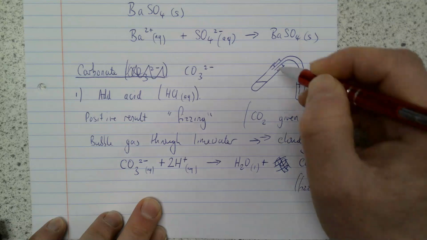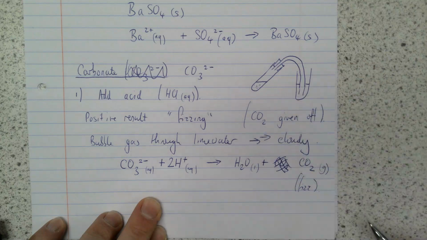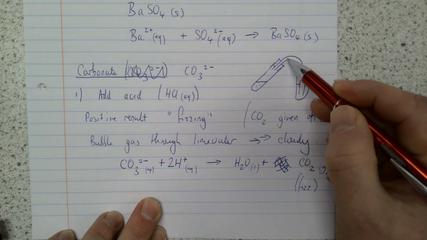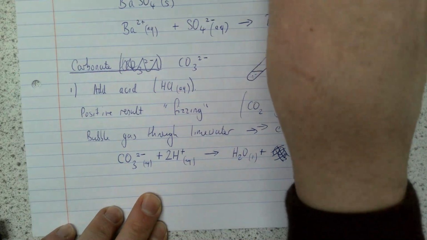That's how we do that testing. So the carbonate and acid reacting there, fizzing, and the gas bubbles through lime water and it goes cloudy like so. That's the way we do that.